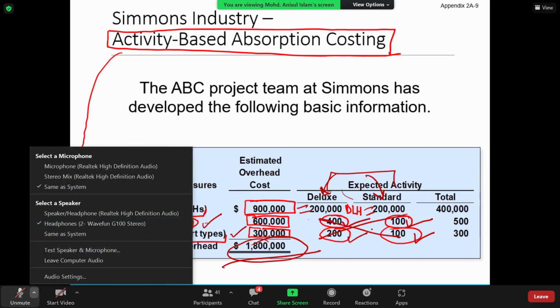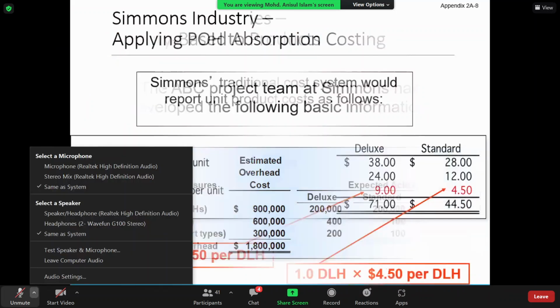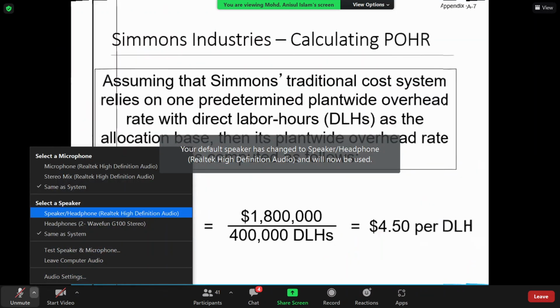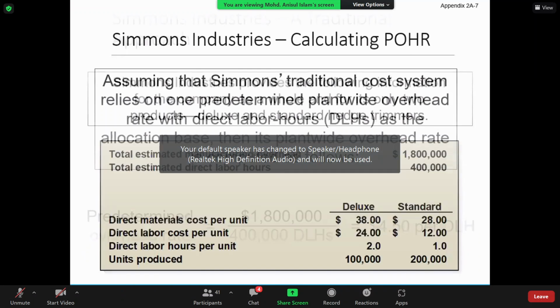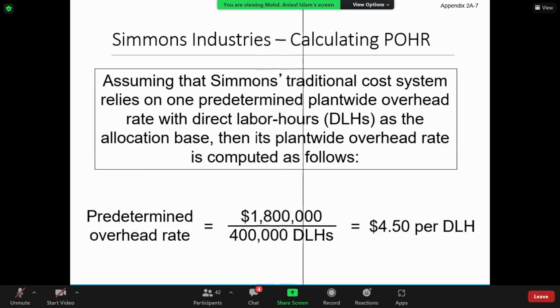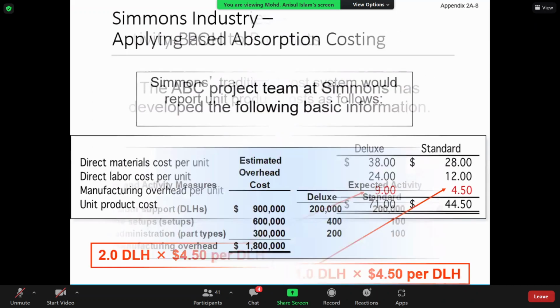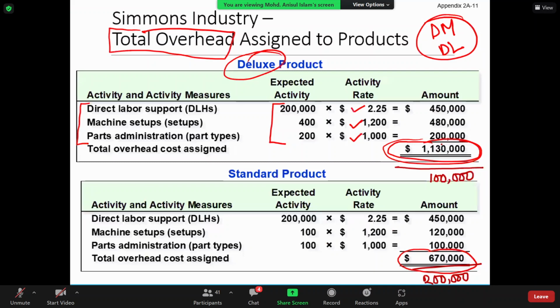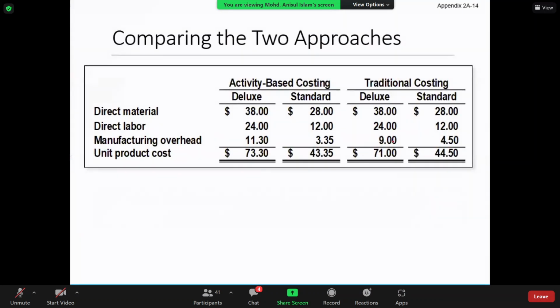But when we are ignoring these differences, we will see that the standard is costing more, deluxe is costing less.